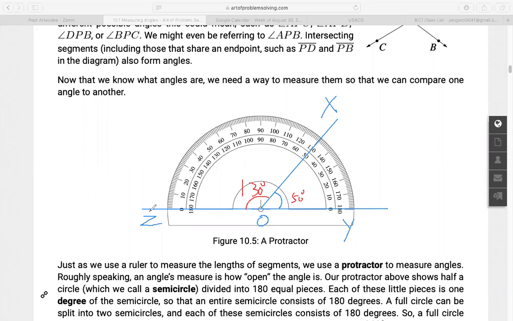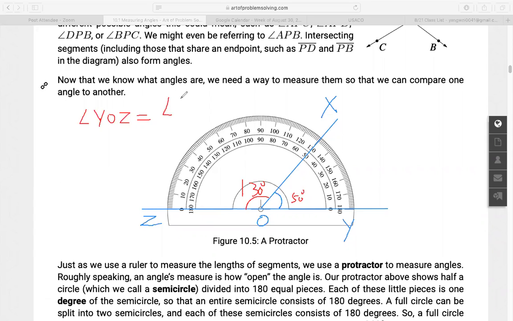Okay, so if I ask you angle YOZ, Sophie, can you tell me angle YOZ equals how many degrees? 180 degrees. Why? Because it's a straight line.